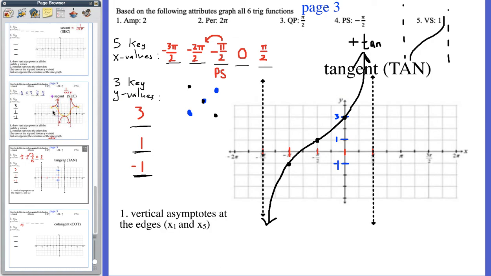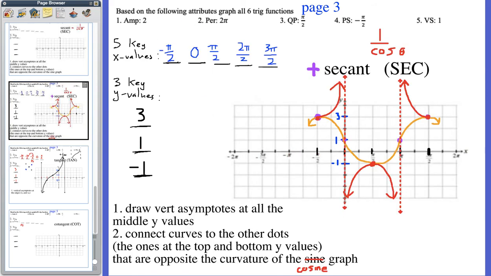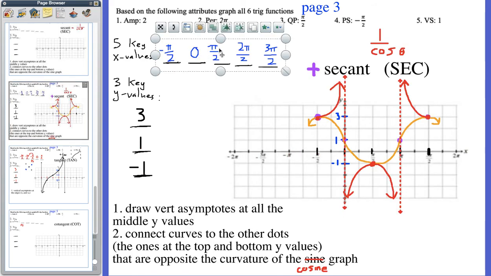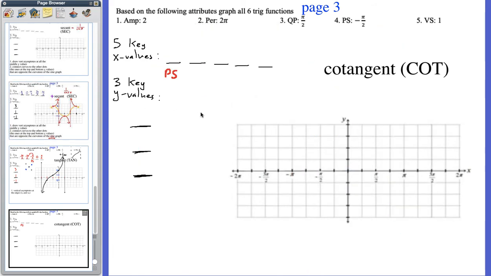Finally, we have our cotangent curve. Our cotangent curve has the exact same x values as the four other ones we started with here, because just like them, the phase shift goes first. Now, again, I'm going to repeat. The period would not be the same for cotangent as it would be for secant, because remember, the period for a cotangent is pi over b rather than 2 pi over b.